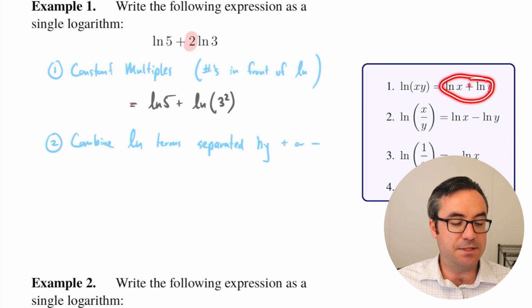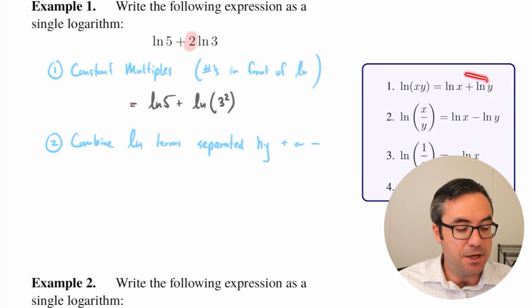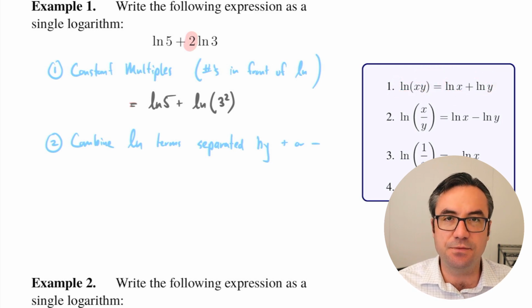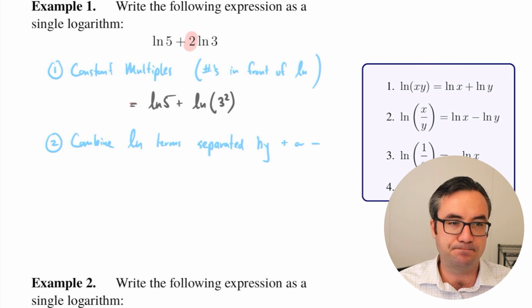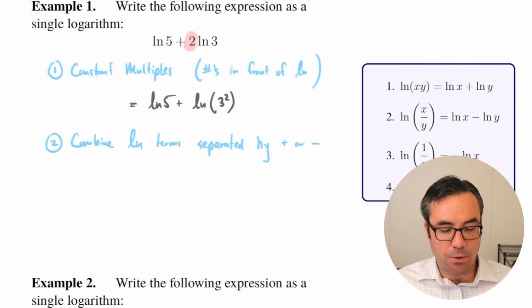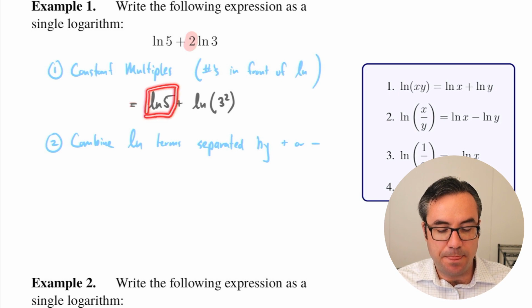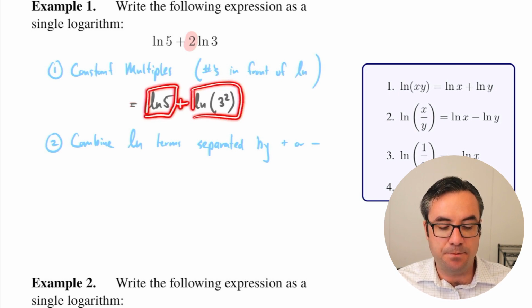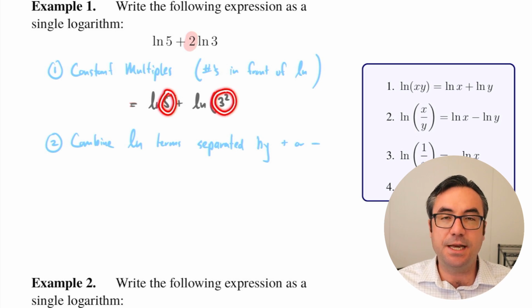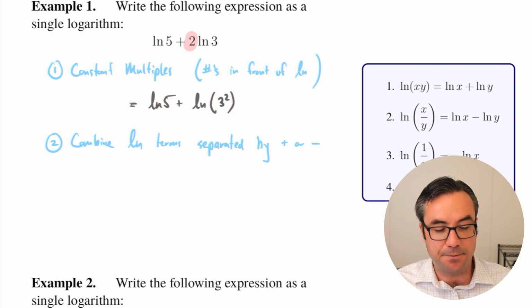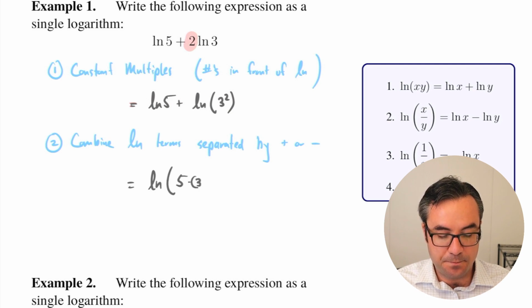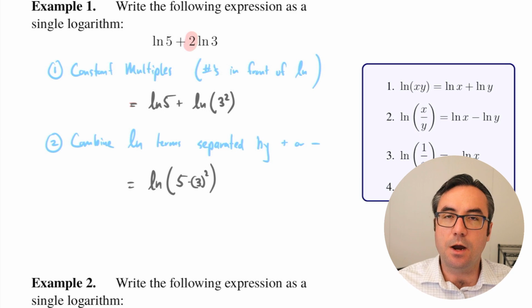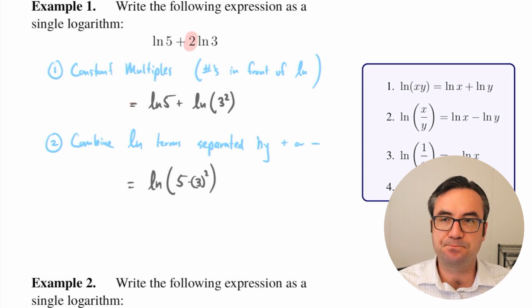Property 1 says if we have something separated by addition, essentially we can convert that into one log term where we just multiply those pieces from inside each of the individual logs. That's what we're going to use here because we have one log term plus another log term. So we're going to take the 5, take the 3 squared and multiply those together, and those will become our new single log expression.